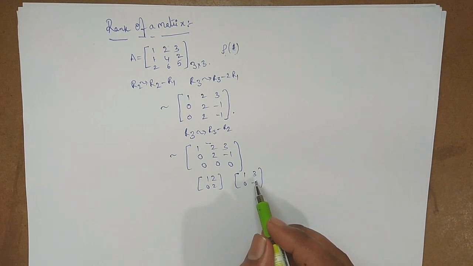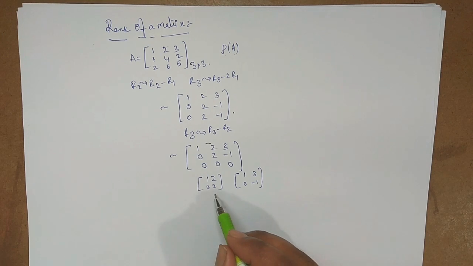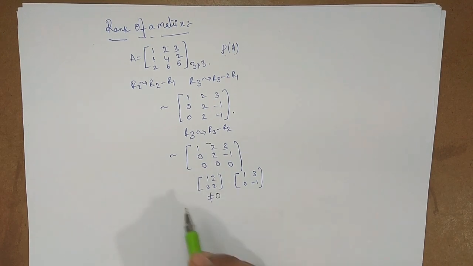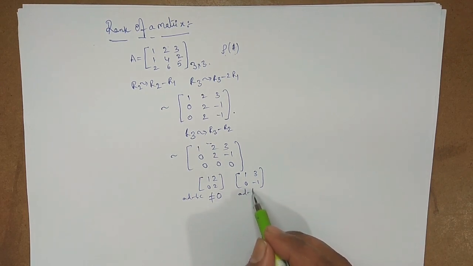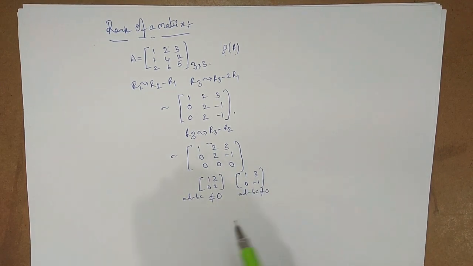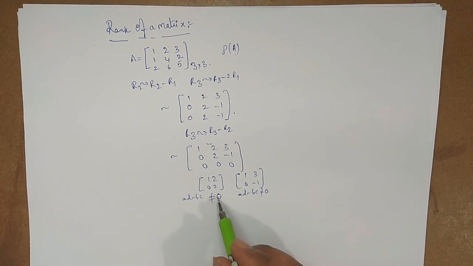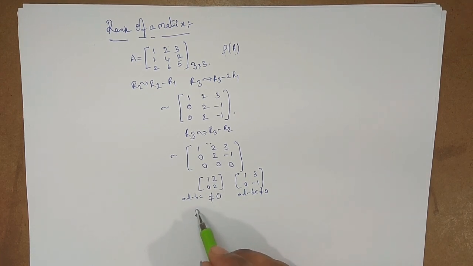The resultant AD minus BC here is not equal to 0. AD minus BC of this minor and again AD minus BC of this minor is not equal to 0. Hence, we get 2 minors here. So the rank of A is equal to 2.